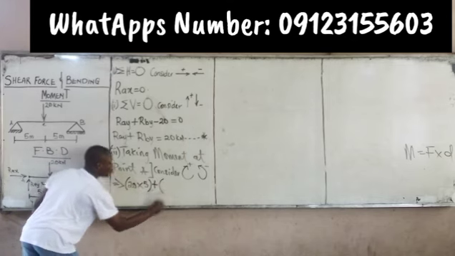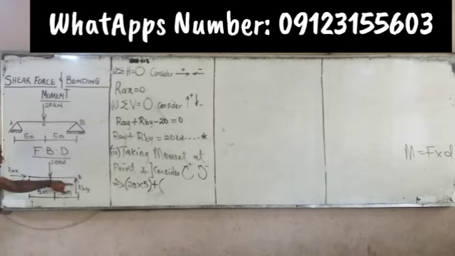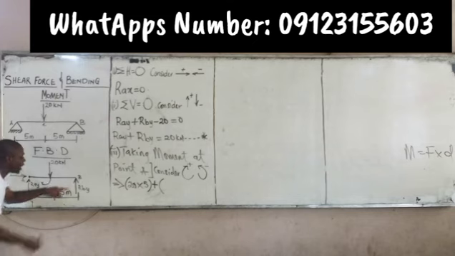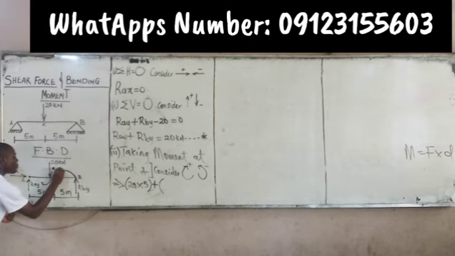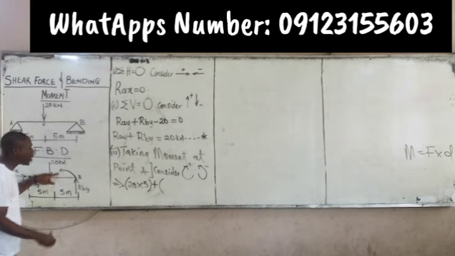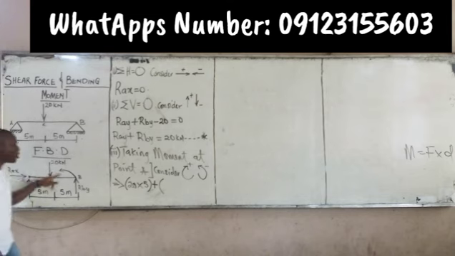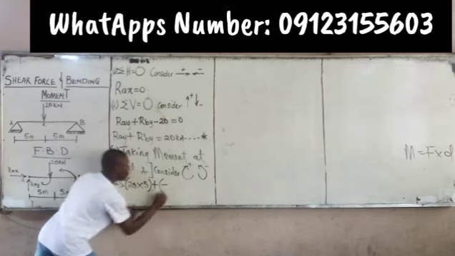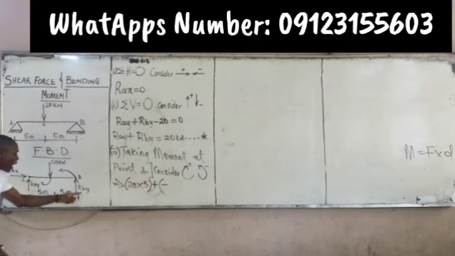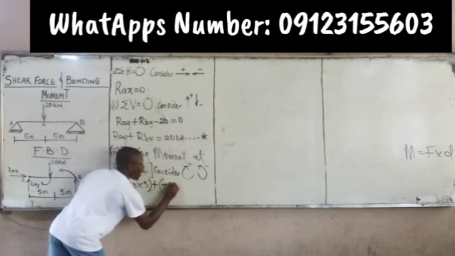Consider the second force. This man here will move in this manner. Is it clockwise or anti-clockwise? Obviously, anti-clockwise. That's negative. Which force do we consider? RBY. Multiplied by which distance?